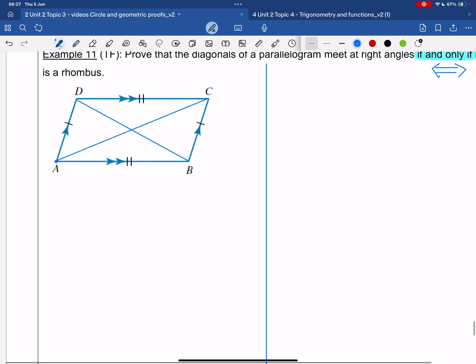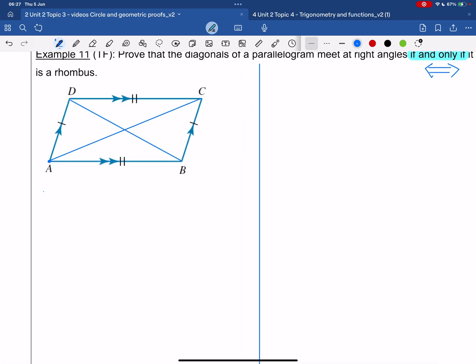All right, let's start with a parallelogram. So let ABCD be a parallelogram.